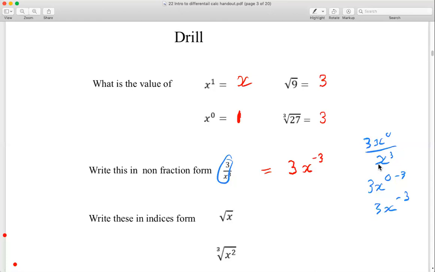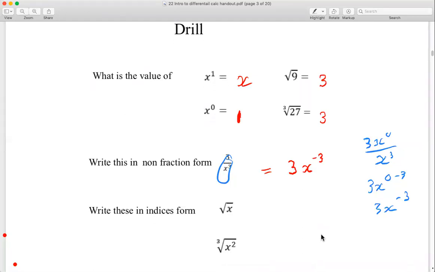Okay? Can anyone remember how we can write the square root of x in indices form? Is that x to the power of something? X to the power of 1 over... You're nearly there. Sorry, x to the power of a half. That was close. Yep.